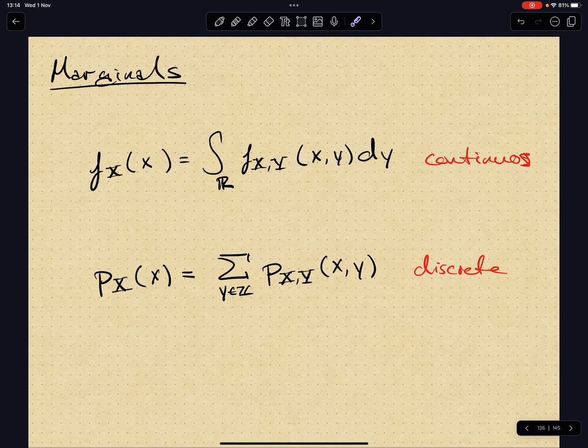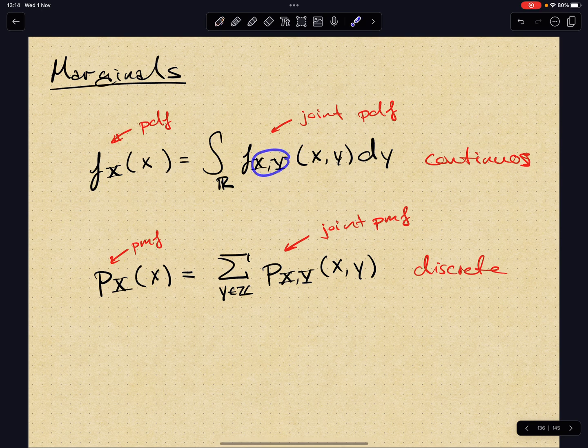And this is going to be the PDFs. This is going to be the joint PDF, and this is the PDF. And again, this is the probability mass function, and this is the joint probability mass function. Throughout all this, maybe you have already noticed that I'm using the subscripts of the random variables to keep track of which random variables are related to the PDFs or PMFs, to keep it straight.